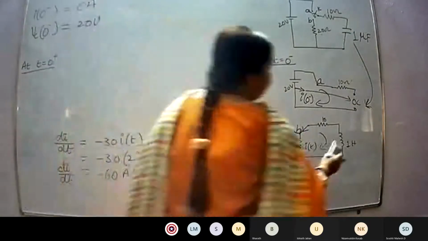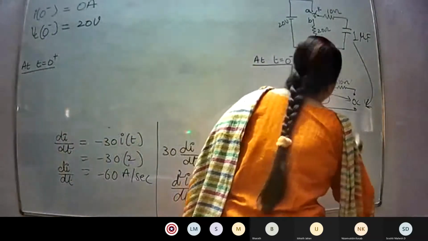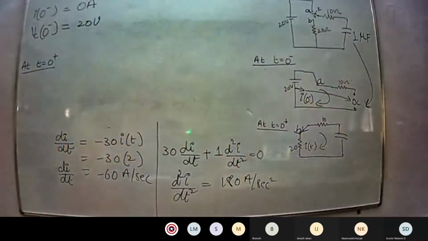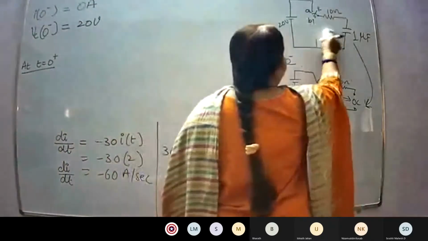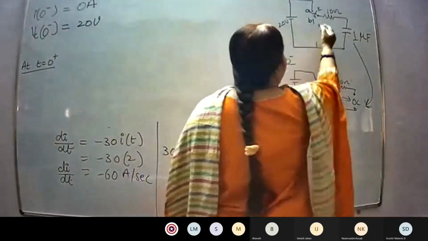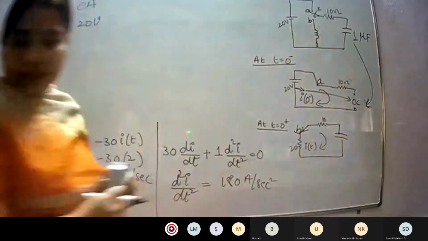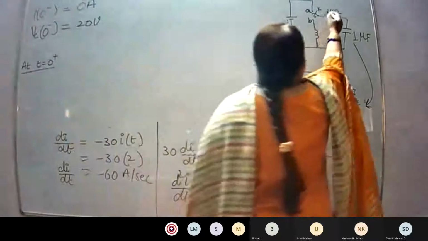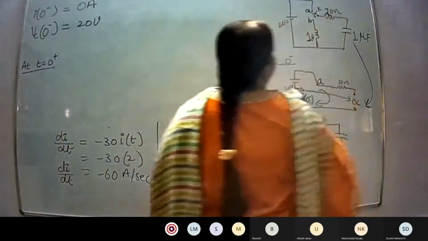Okay, and what we have changed here, we have a capacitor. And how much is the source? 20. And one more thing, there is a change in the resistor value also. We have an inductor in the network here, and the resistor value is 20 ohm, and this is 100.